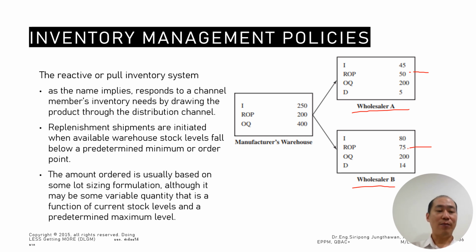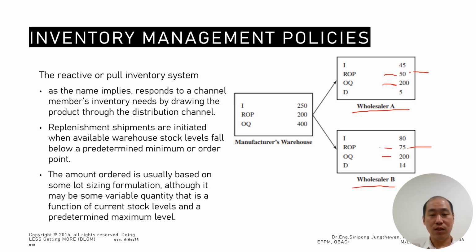And sometimes you have a replenishment shipment initiated when the available warehouse stock level falls below a predetermined minimum or order point. You can see in here, the order quantity and the reorder point.